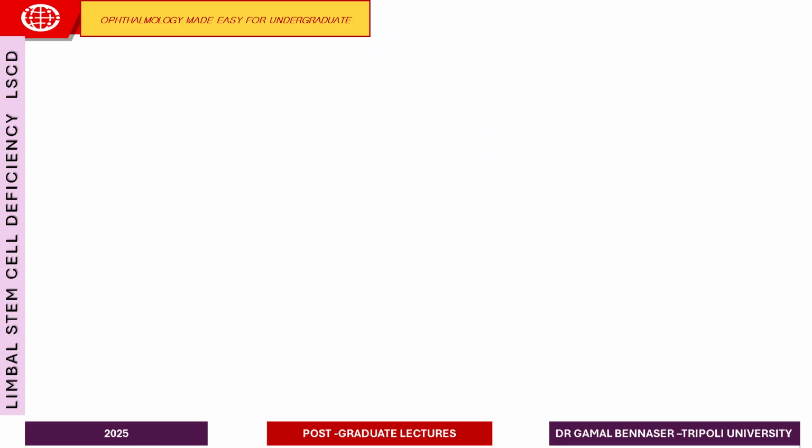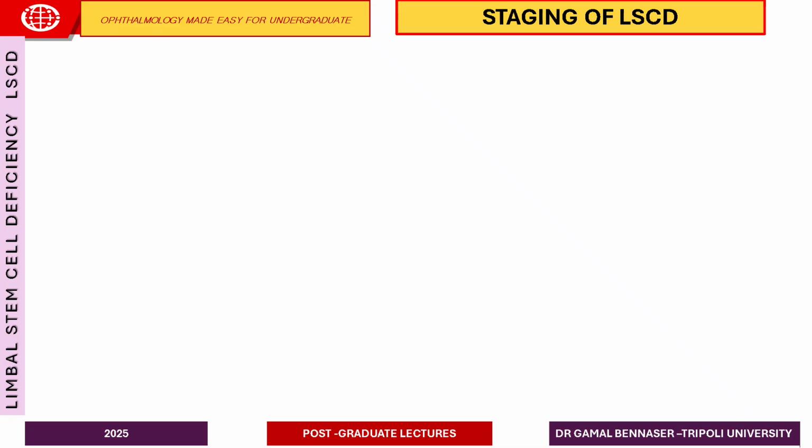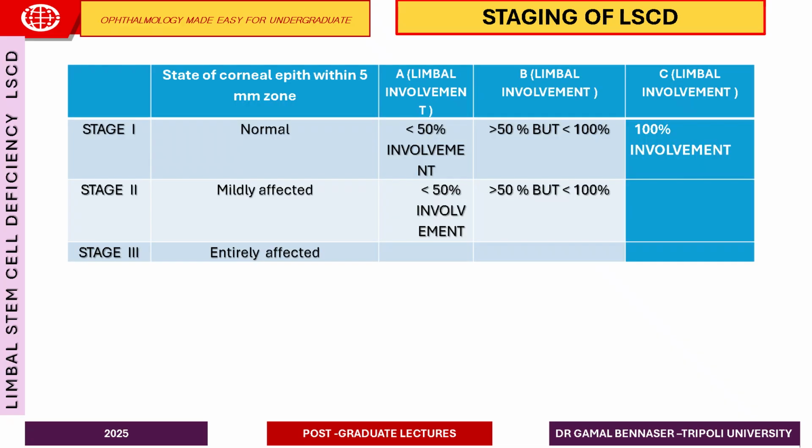Now we come to the staging of the limbal stem cell deficiency. Apart from the definition that we have spoken about before, made by the International Working Group regarding limbal stem cell deficiency, the staging is very important to plan for the management of limbal stem cell deficiency.